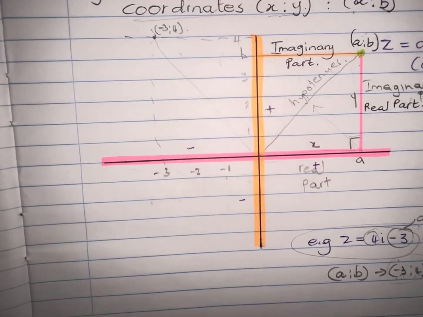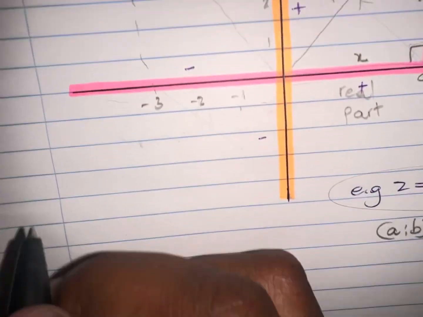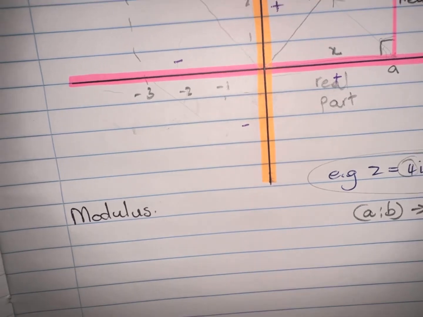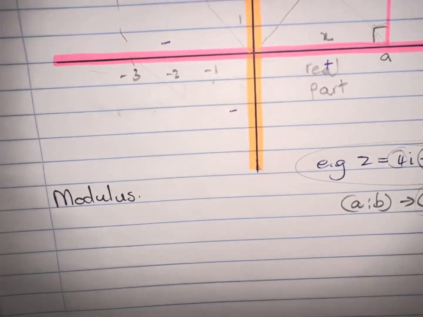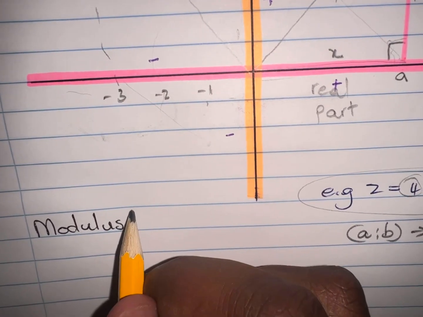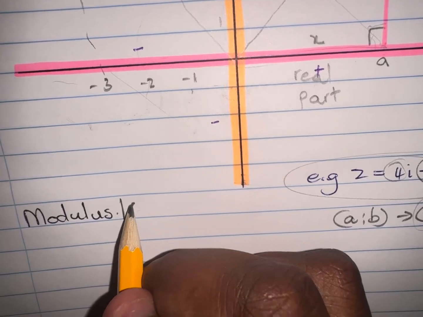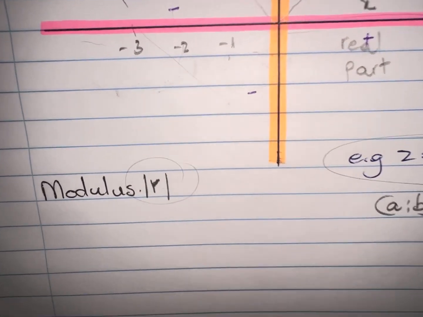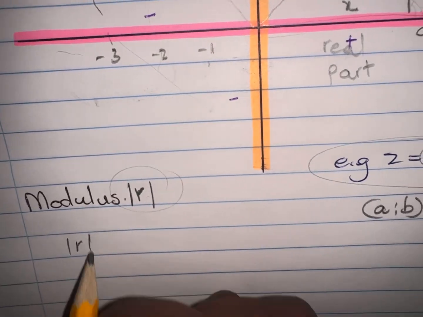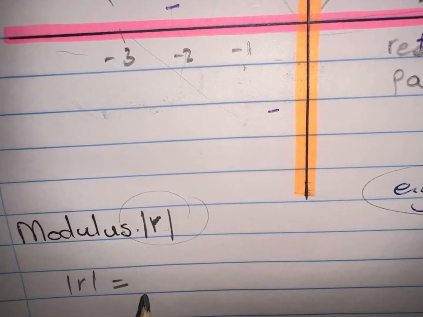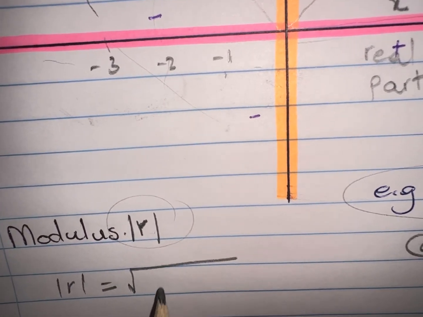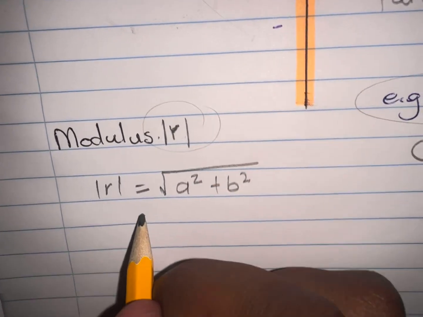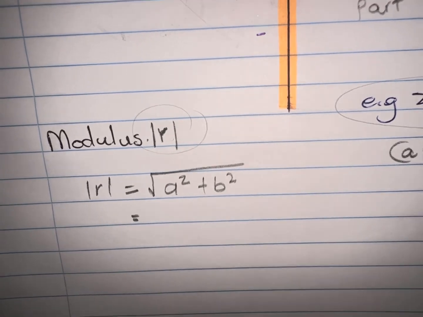Now, we've got what we call a modulus. What is a modulus? A modulus represents the value of the hypotenuse. This is how we write our modulus. Our modulus will always be equal to the square root of a squared plus b squared. Let's check the value of our modulus in this case.